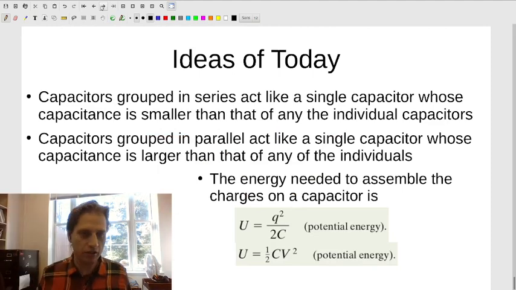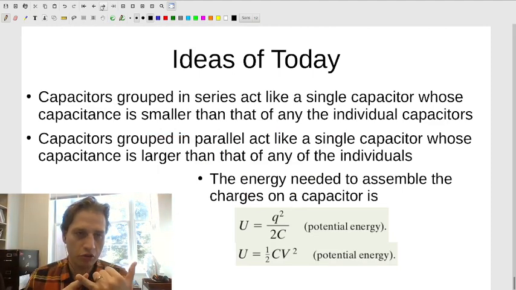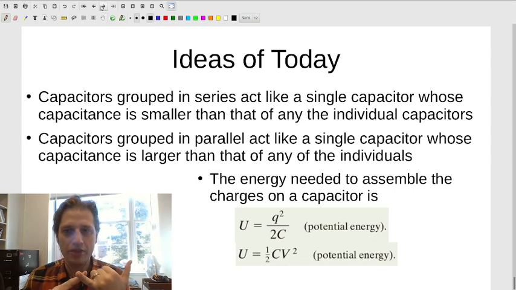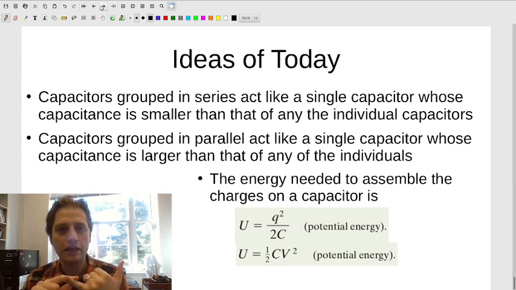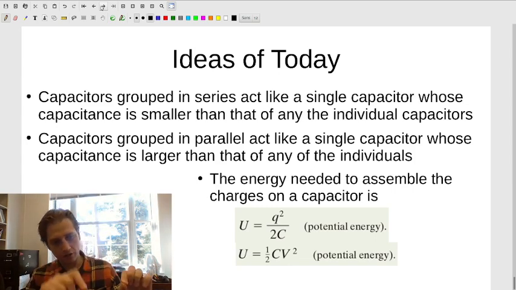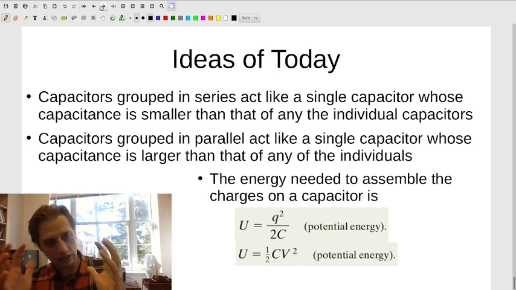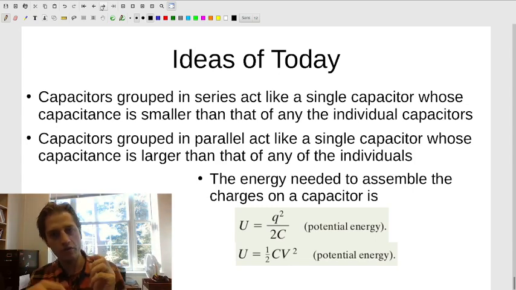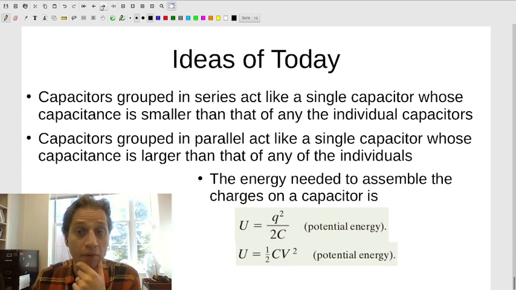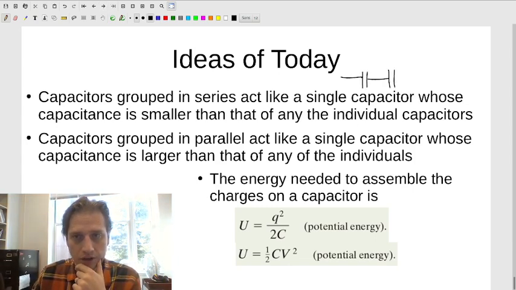What are the things to learn from this? If you group capacitors in series, one after another after another, the equivalent capacitance of those capacitors in series is going to be smaller than any one of those individual capacitors. This is in series, one after the other after the other.